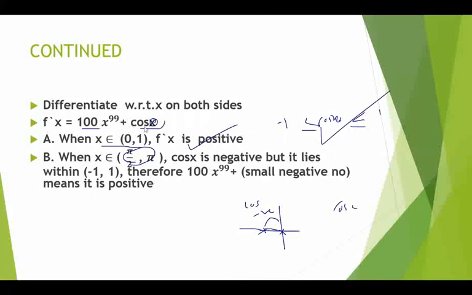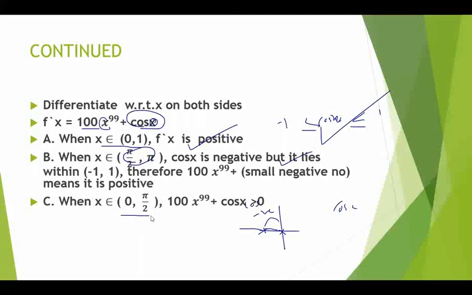When you substitute a value from pi by 2 to pi in the first term, it is a huge quantity. If you subtract a value between -1 and 1 from it, we get a positive value only. Thus, f dash x is positive in the interval pi by 2 to pi.